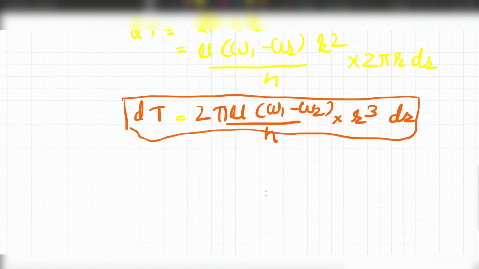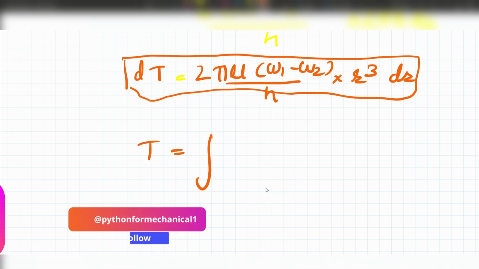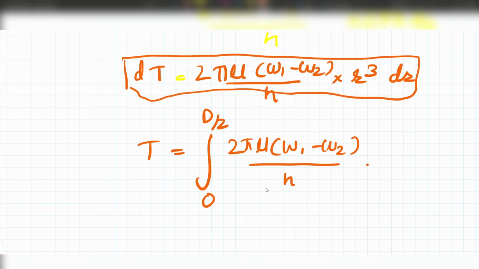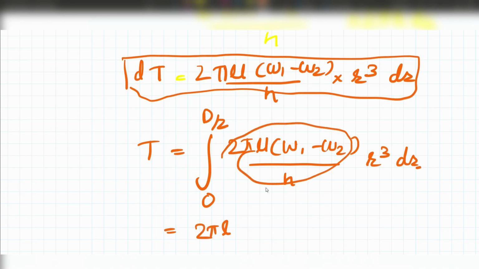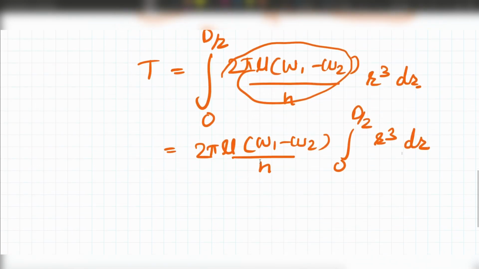Now we will integrate this equation from 0 to d by 2, up to the radius. Since 2 pi mu omega 1 minus omega 2 divided by h is constant, we integrate r cube dr from 0 to d by 2. Now this is our final equation.